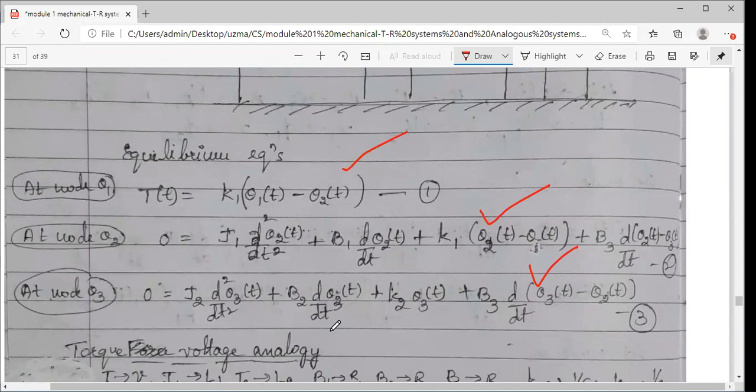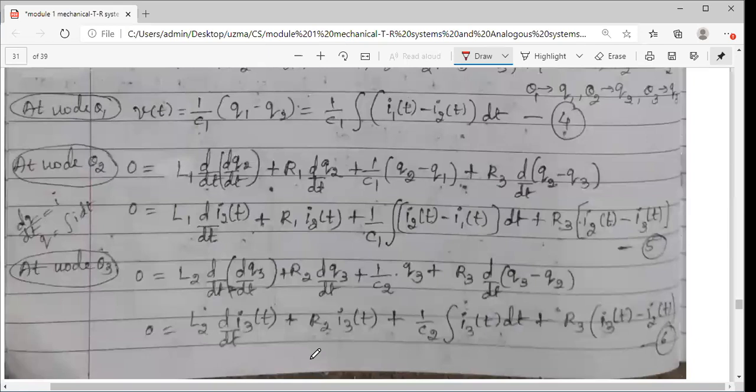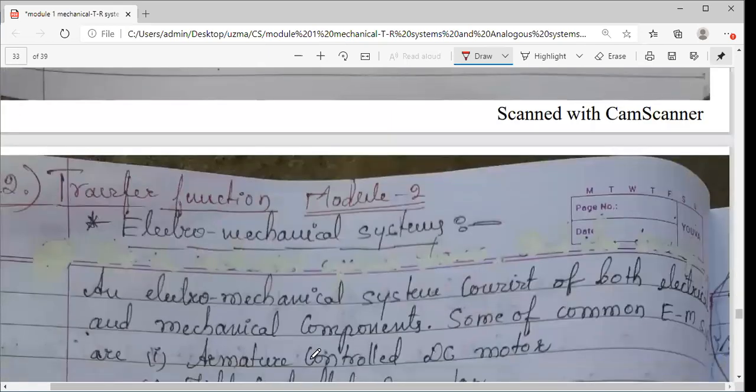If you remember, for all such practical applications and practical systems, we can find the transfer functions. So in your textbook, these transfer functions are given to you.